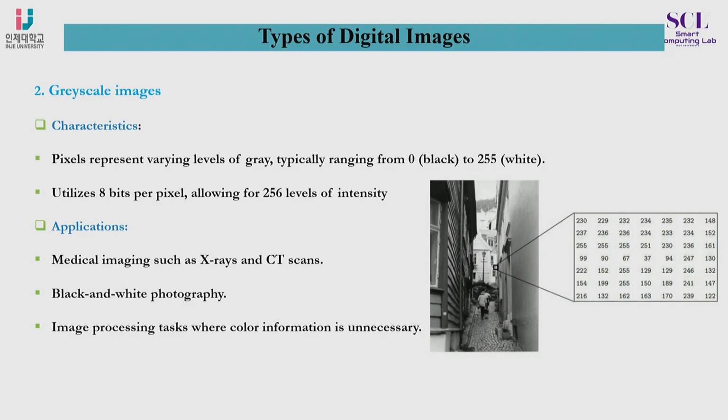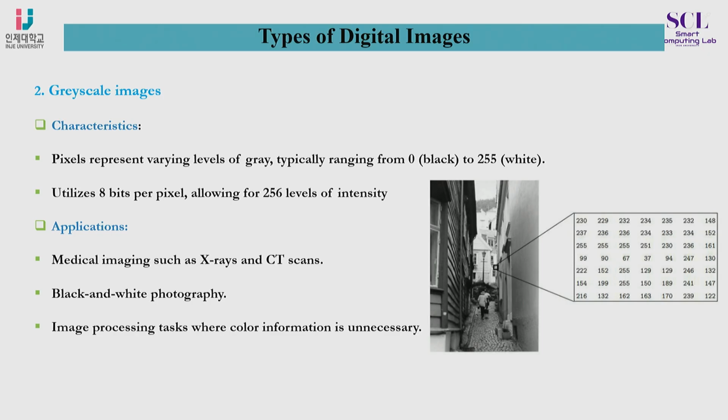From this whole image we take a pixel, and it has multiple pixels maybe. So it has different ranges. Here maybe it is 230, maybe in some other area it has 229. So it means that there are different pixel values in grayscale images, but in binary images we have only 2 values.